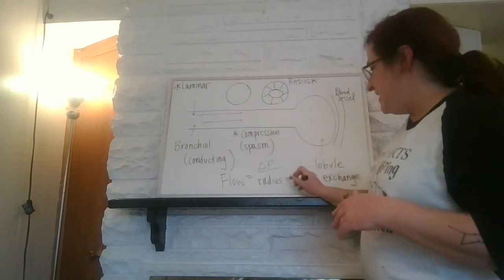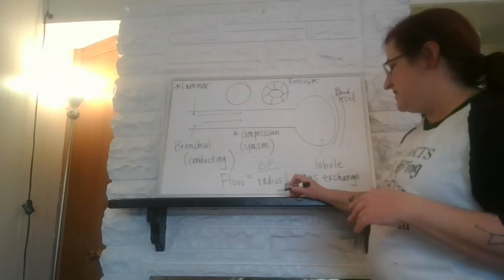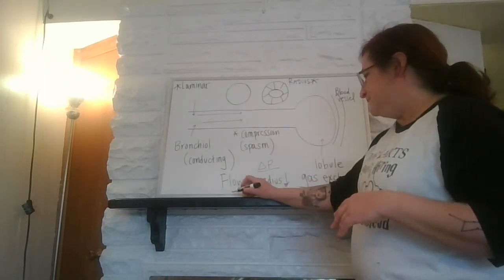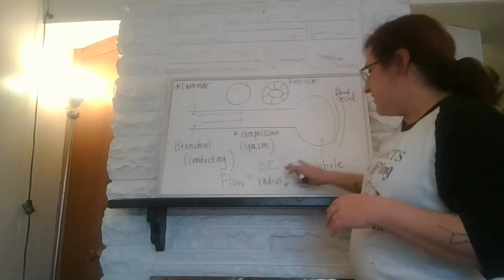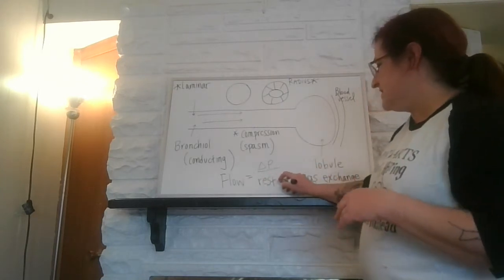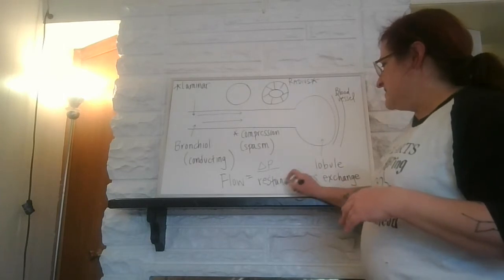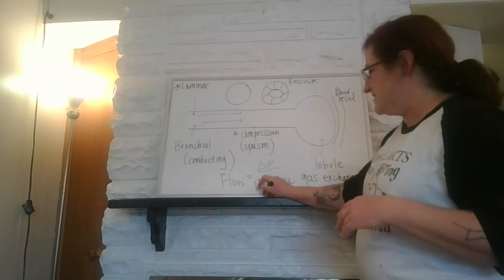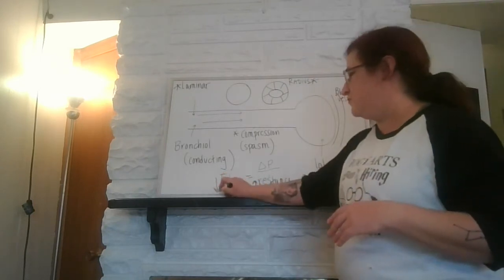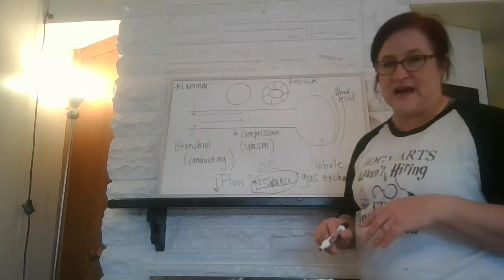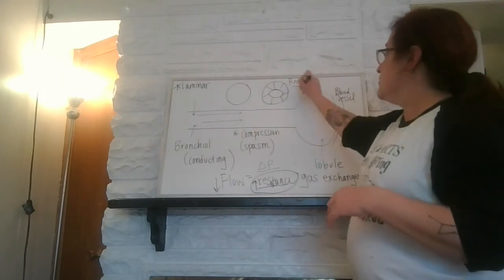If the radius is decreased, there's an indirect relationship with resistance. And resistance is determined by radius. So if resistance increases, then flow decreases. And the biggest impact on resistance is the radius.